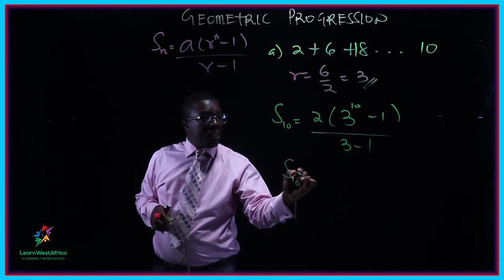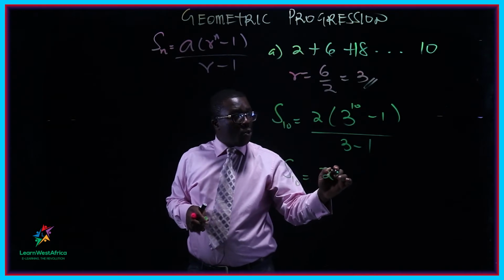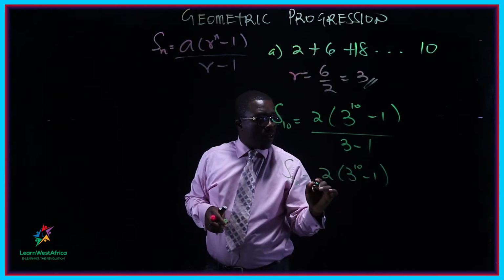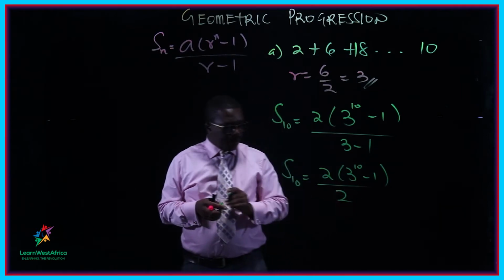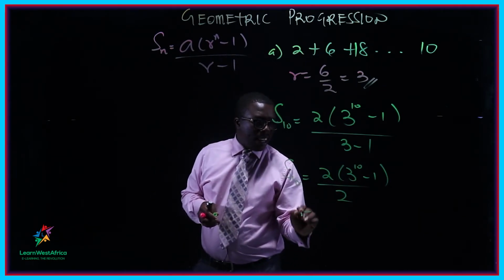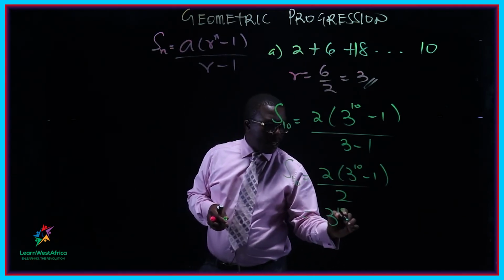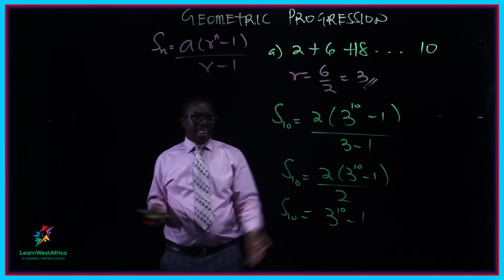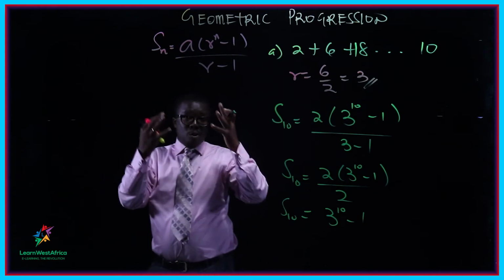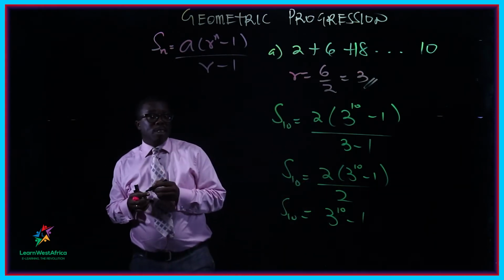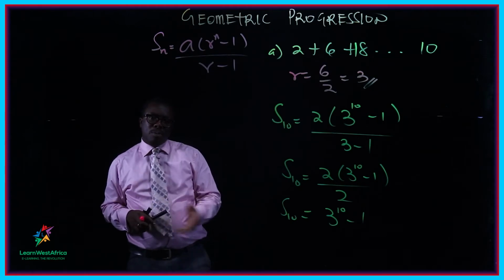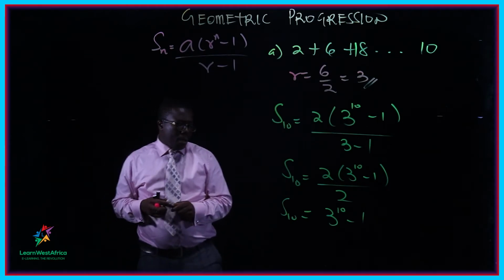Hence, the sum of your 10 terms should be 2 times 3 to the power 10 minus 1, all over 2. And that should simplify to give you 3 raised to the power 10 minus 1. You don't need to use your calculator to work that out. In examinations, most times you are just required to leave your answer in this form. Where need be, that should be easy to evaluate on the calculator.